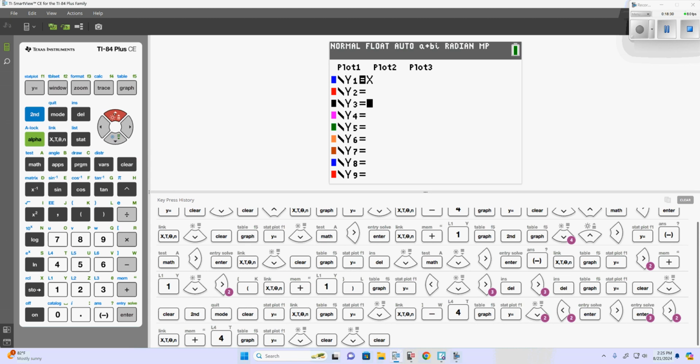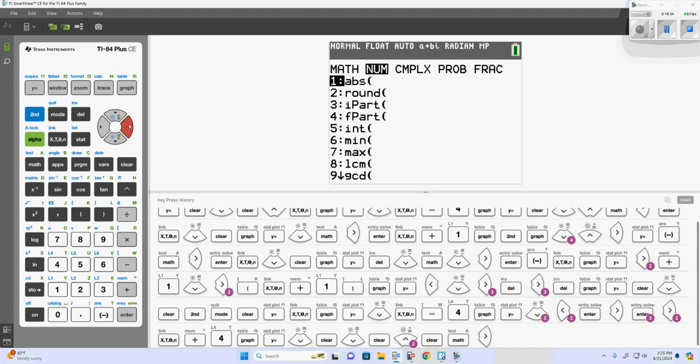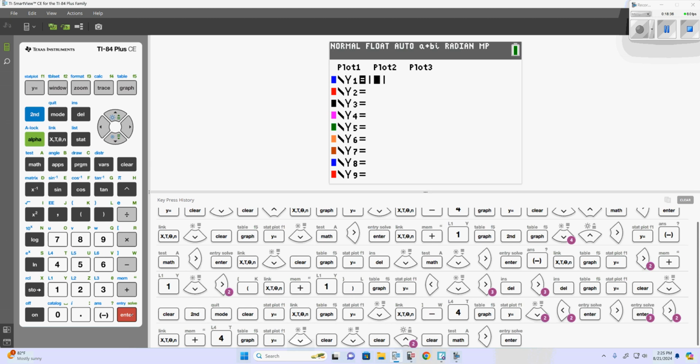Clear that out. The graphing calculator can do absolute values. So it's nice, it can do a whole lot of stuff, but sometimes the 30XS, the yellow one, you can type stuff in faster. You've been using it longer.